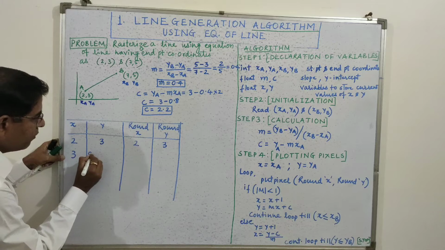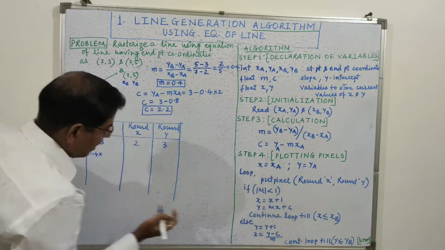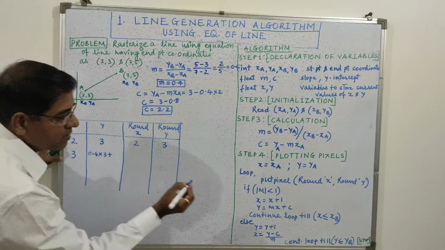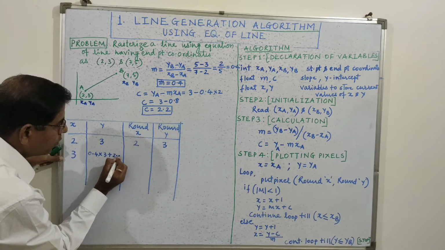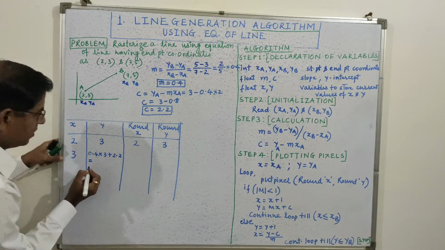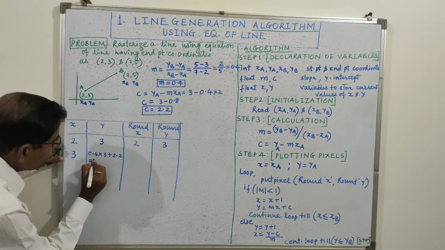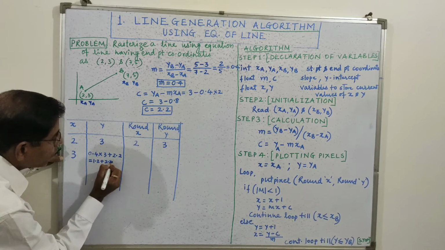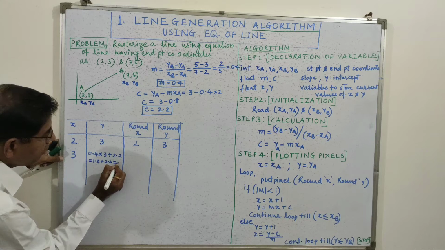M is 0.4, x is the current value, that is 3, and c is 2.2. So this is 0.4 times 3, which is 1.2, plus 2.2, so this is 3.4.